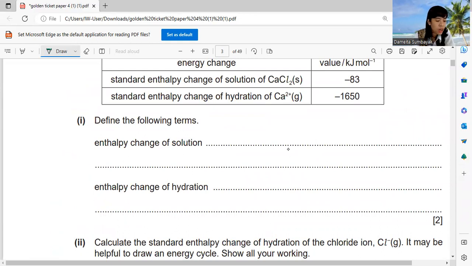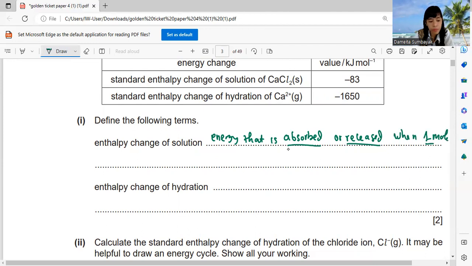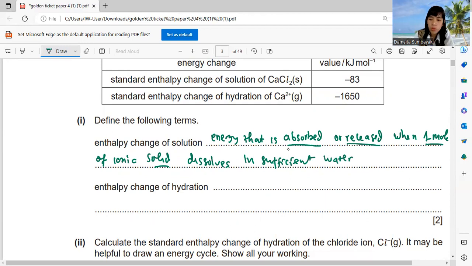Define what is enthalpy change of solution. Enthalpy change of solution is talking about energy that is absorbed or released when 1 mole of ionic solid dissolves in sufficient water to form a very dilute solution.